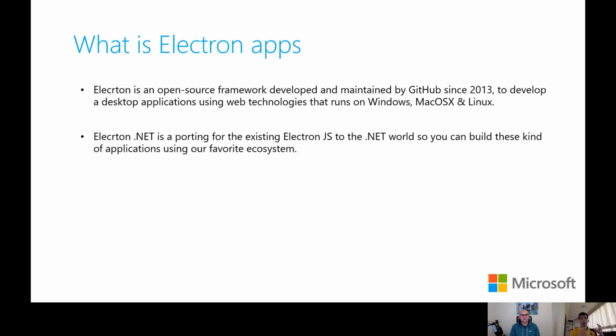Many thanks to them, they took Electron JS, which is being developed, and ported it to .NET. So right now, as .NET developers, we can leverage that. We don't have to be JS or Node.js developers to be able to build this kind of awesome application. So this is what Electron apps are in general.